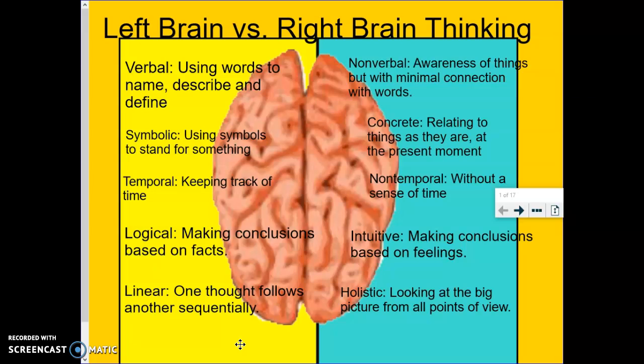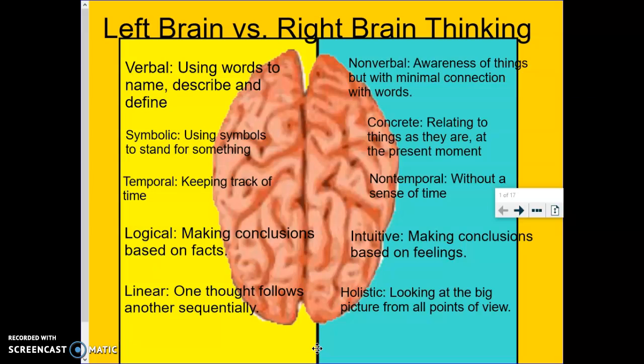All of these are a part of the way we think. We're not just one side or the other, but we want to understand both sides so we can really strengthen both sides and use them both to our advantage and help us out. So for me, like I said, it helps to know that I like to work more on the right side of my brain by drawing things.